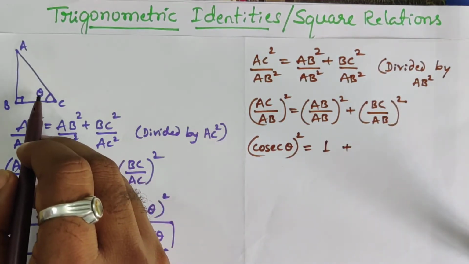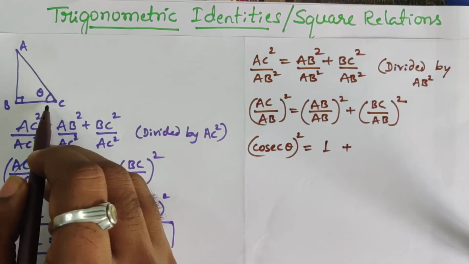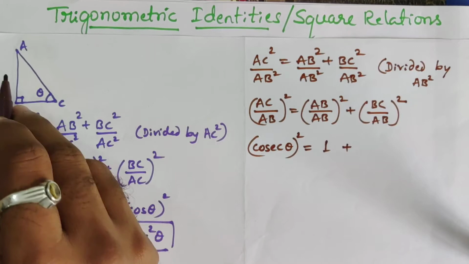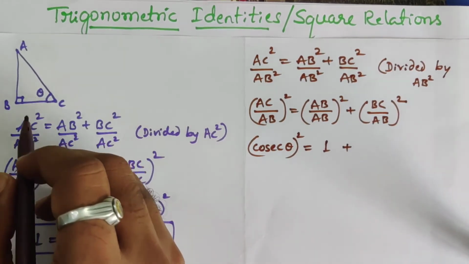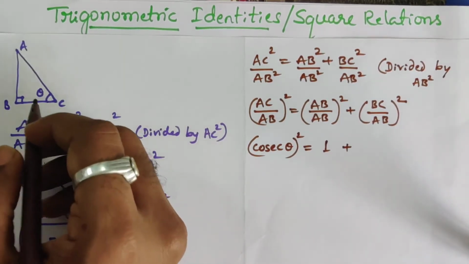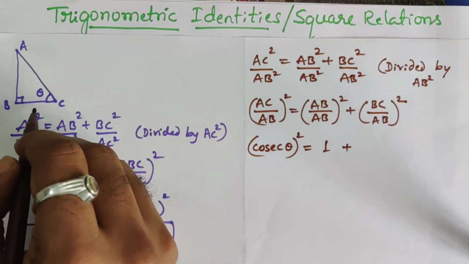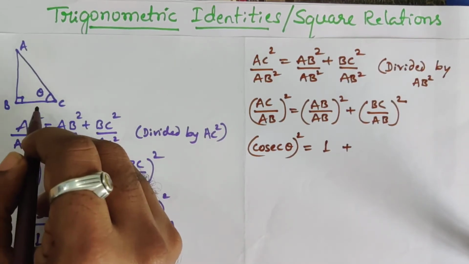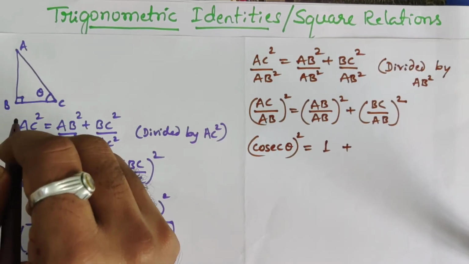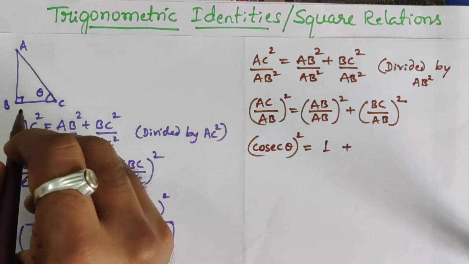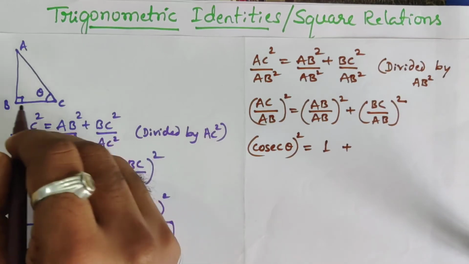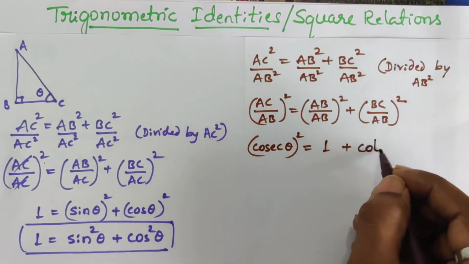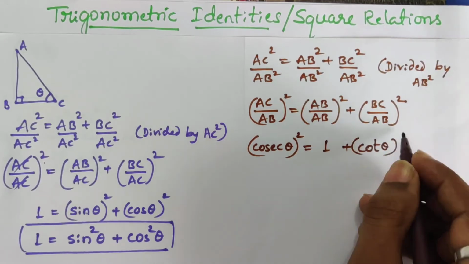With respect to theta, BC is base, AB is opposite. Base by opposite: opposite by base is tan, so base by opposite should be the reciprocal of tan, that is cot. So it should be cot theta whole square.